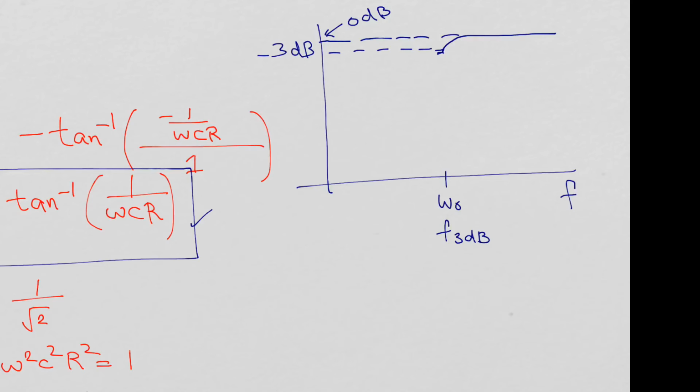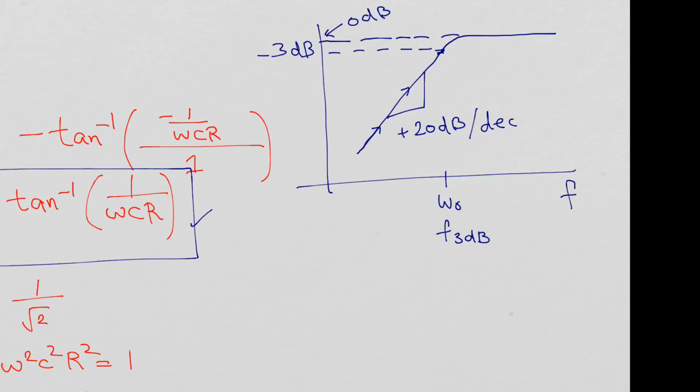From here on it keeps falling at 20 dB per decade when looking from higher frequency to lower.